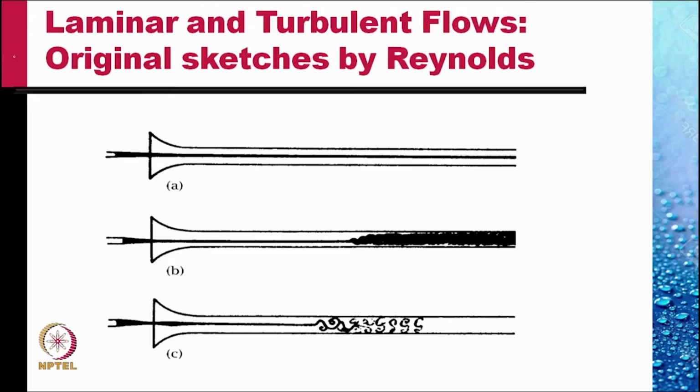As the flow speed increased, the streak started diffusing outwards, and for larger speed, the streak became turbulent. So he concluded that at low speeds, the flow through a pipe is laminar and is turbulent at high speeds.